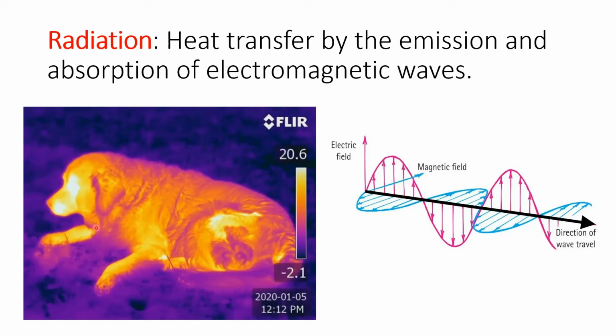The important part is to look at the brightest sections. So the brightest sections, like right there, over here, the amount of infrared radiation coming from an object is strongly dependent on its temperature. The higher the temperature, the more infrared radiation it's going to emit. That's why you're seeing a brighter section for the hotter areas of the dog.